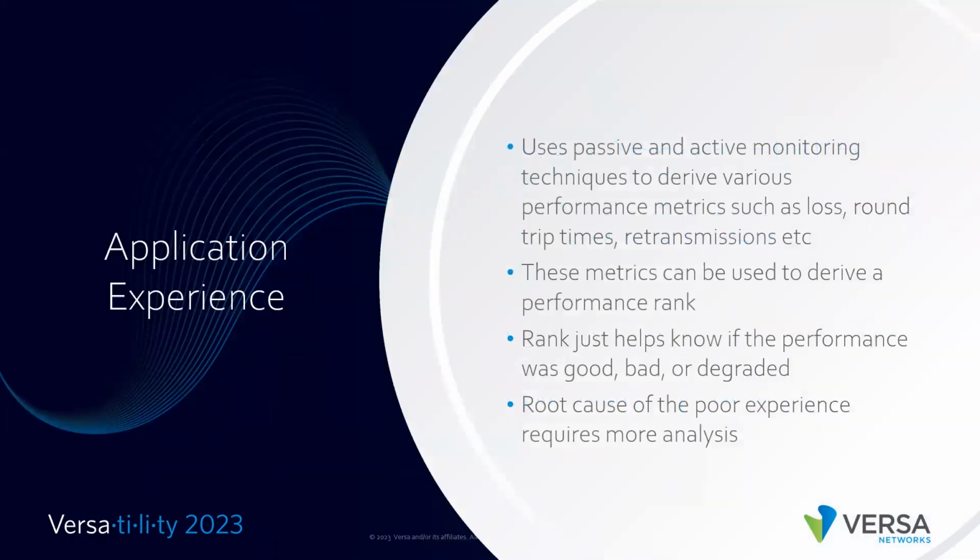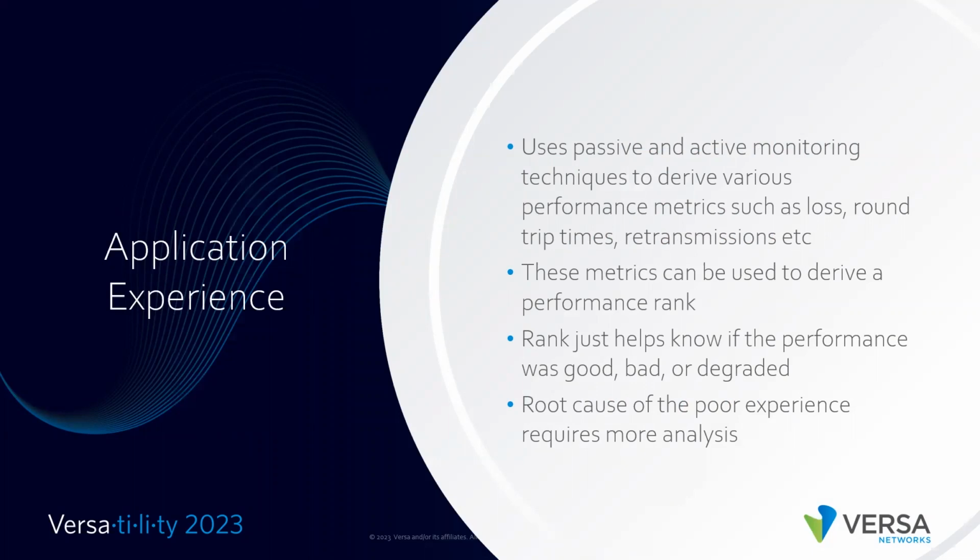So for application experience monitoring, typically we use various passive and active monitoring techniques to derive various information such as loss, round trip time, retransmissions. What passive monitoring does is it intercepts the customer's traffic. It analyzes the TCP metrics.